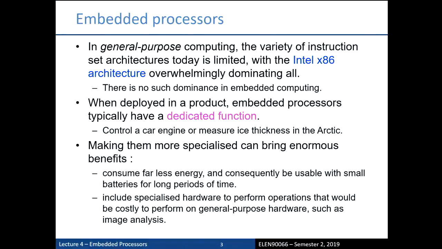If you make them specialised, it obviously gives you some extra benefits, less energy because you don't have to be able to do everything. You just restrict yourself to a very small amount of operations, and you can then have specialised hardware in there as well. So embedded systems are actually much more fun than these general purpose computing systems because you can really get down to a good level of optimization and reliability.